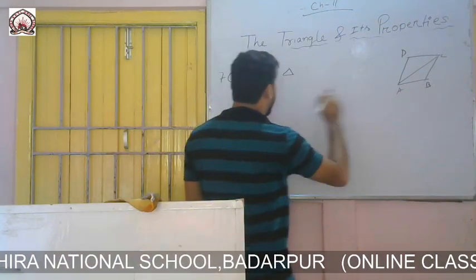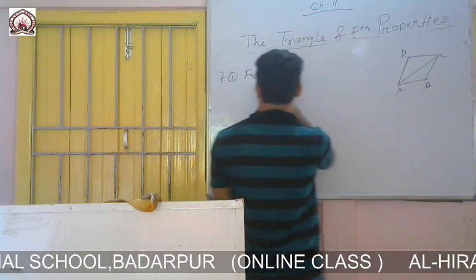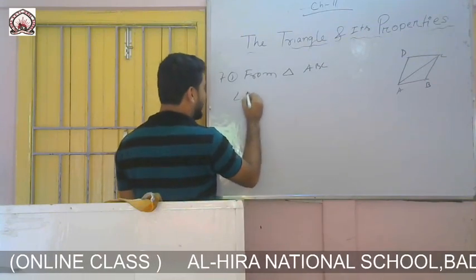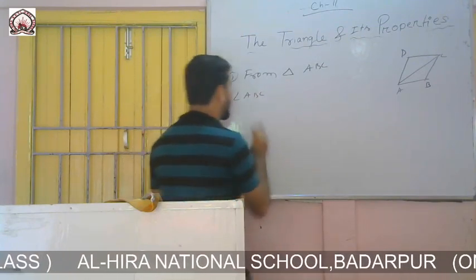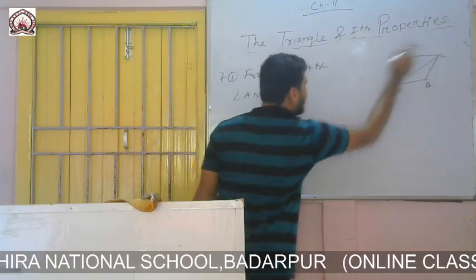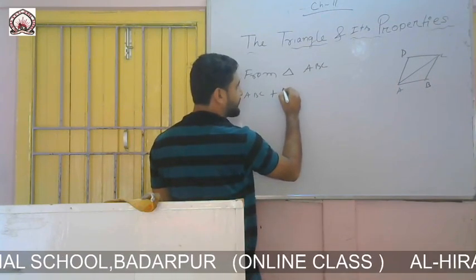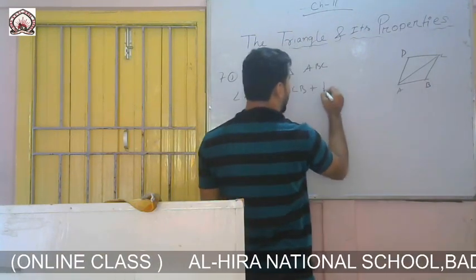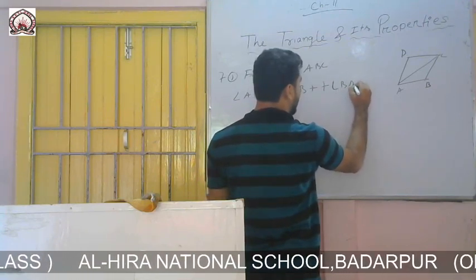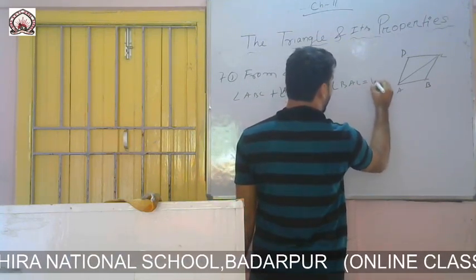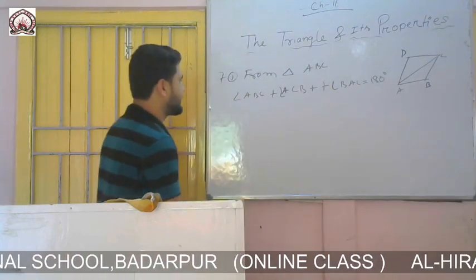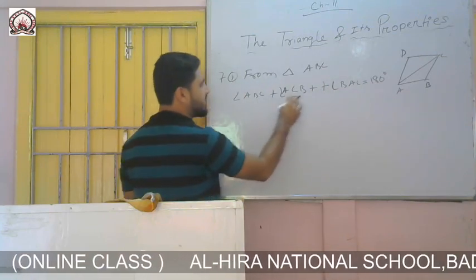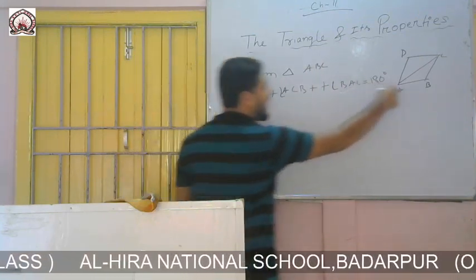So from triangle ABC, I can write angle ABC, that means angle B. Now I will add angle C, so angle ACB plus angle BAC equals 180 degrees. You see all three angles came, angle B, angle C and angle A. So I have written all the three angles of triangle ABC.